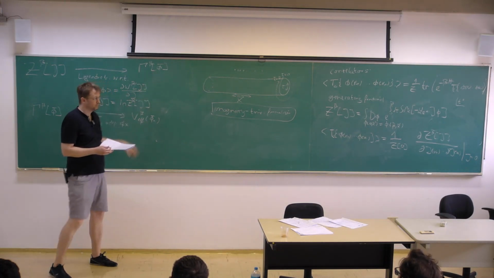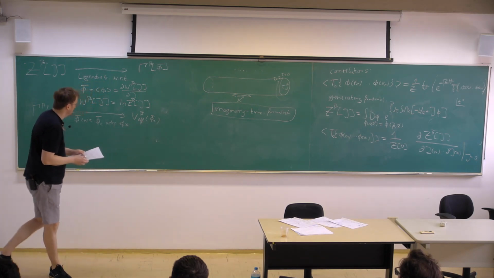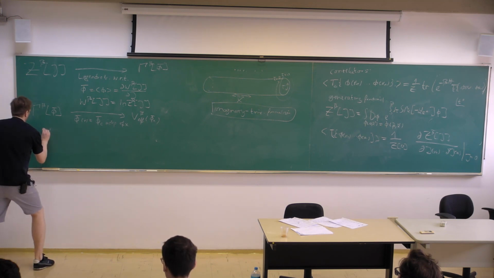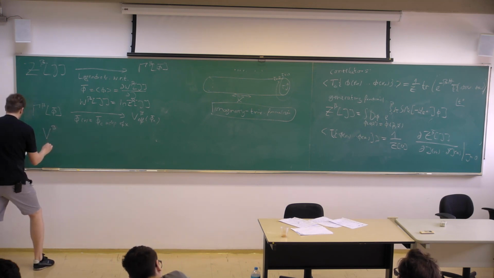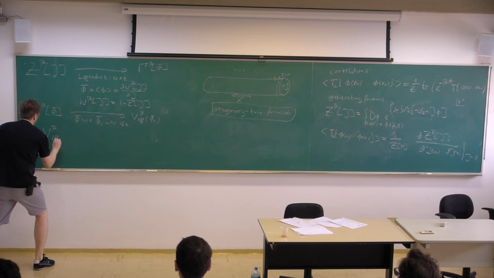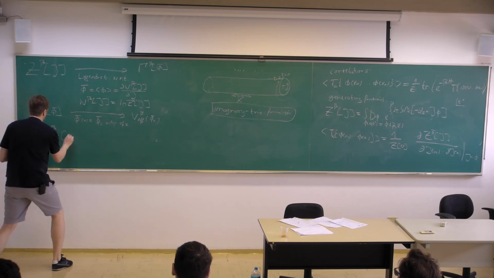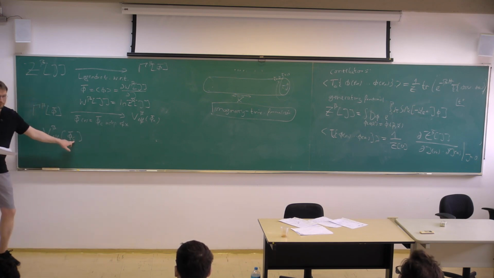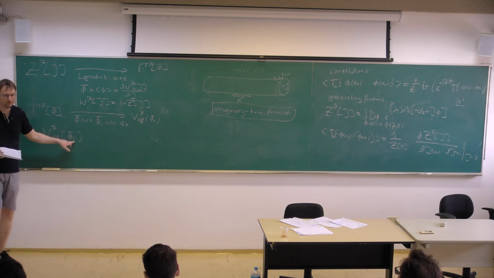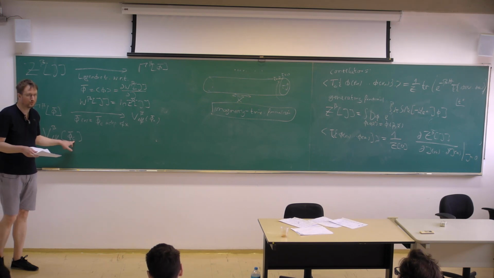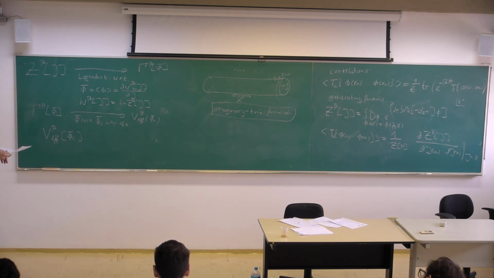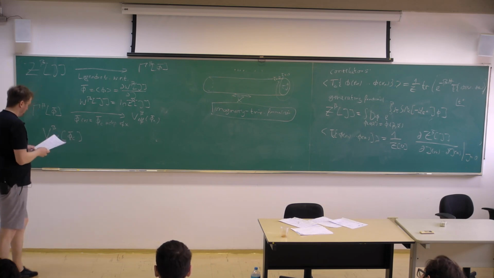So using this information, I can obtain a representation of my effective potential. This C here is always to denote that it's a constant field. The literature often refers to classical fields, so don't get confused. In my lectures, it just means that it's independent of space.